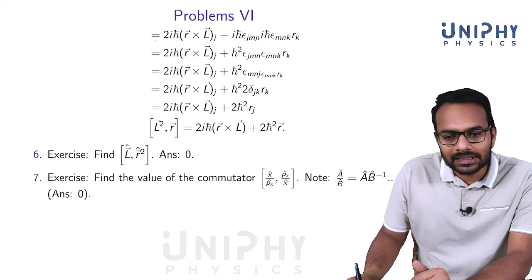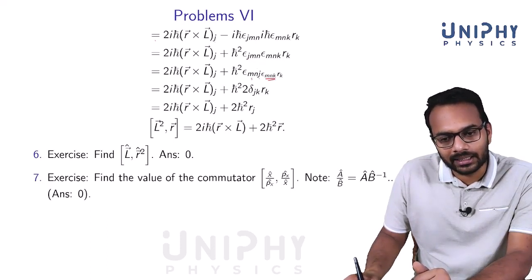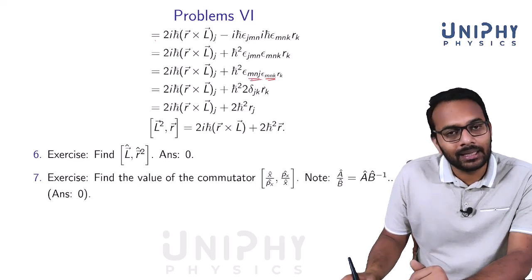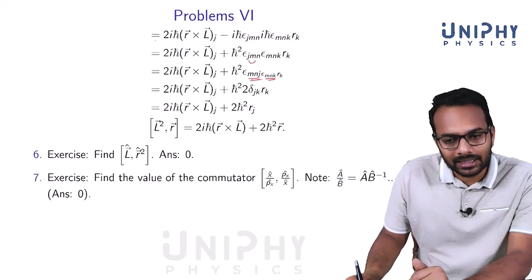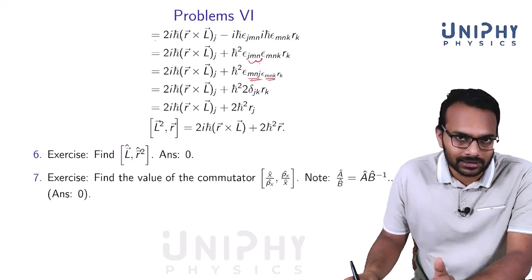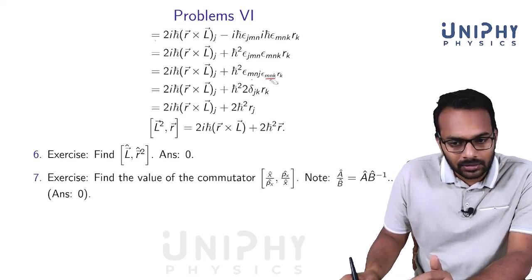It's epsilon jmn, epsilon mnk. So maybe I'll take this j here. Then it's epsilon mnj, epsilon mnk. I'm taking j two places, so there will be twice a minus sign and there's no change to the symbol.